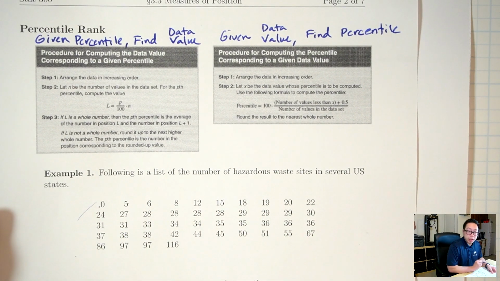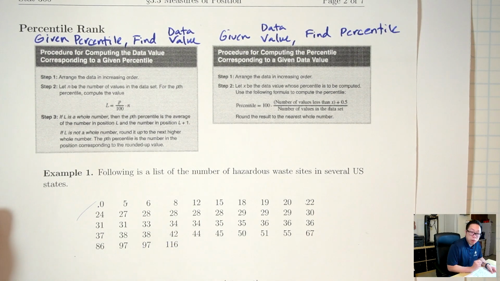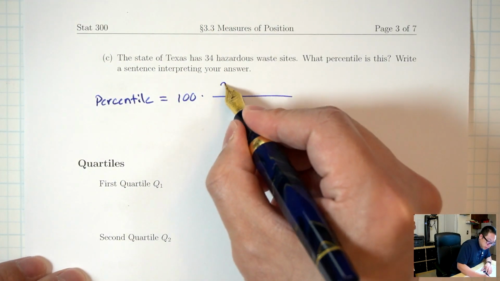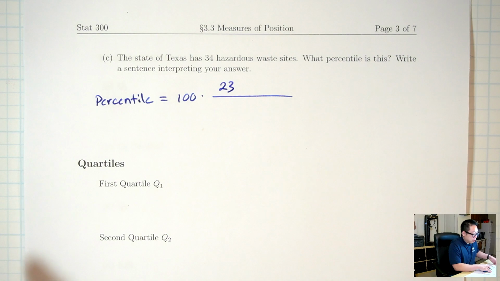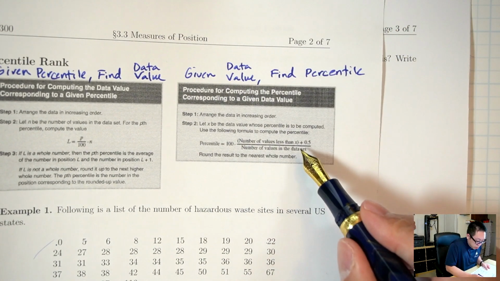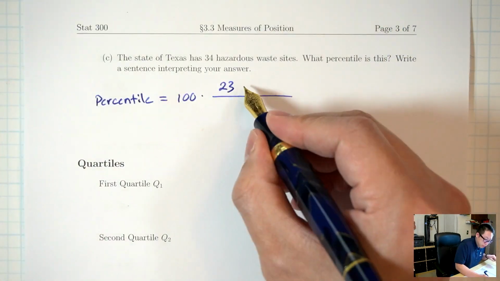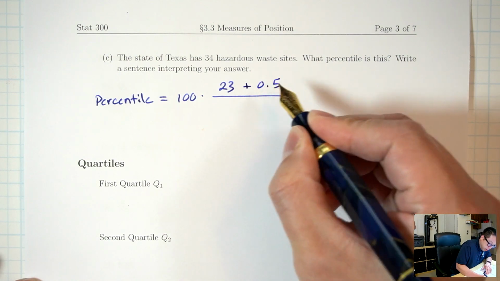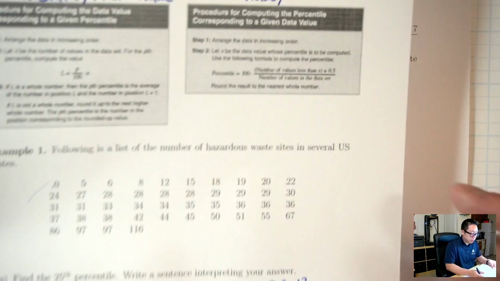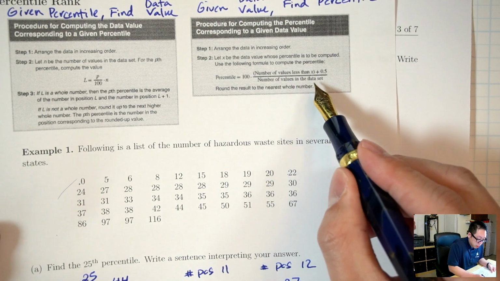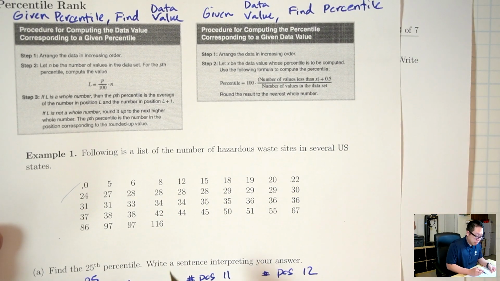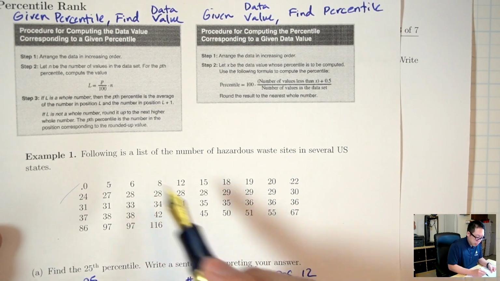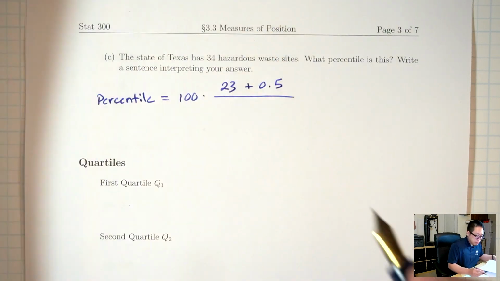So there's 23 numbers that are less than 34. There's also a plus 0.5. And on the bottom, the number of values in the data set. How many data values are in the entire data set? I think we counted, we said it was 44.